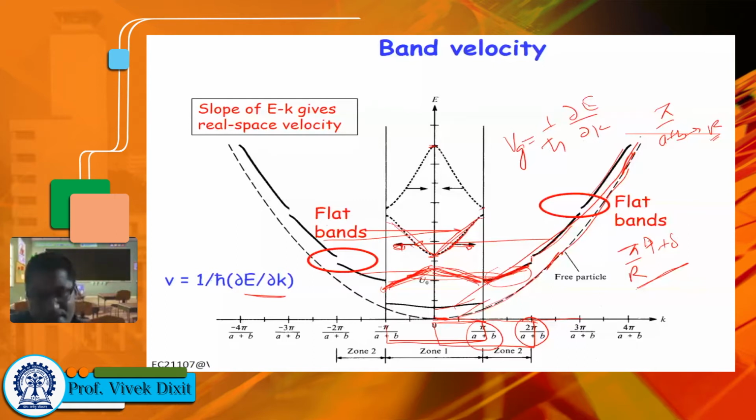Additionally, you can see atoms in the crystal are at discrete positions, so potentials are at discrete points. A particular wave vector and that wave vector plus an integer multiple of 2 pi by r actually see the same potential. It's like sampling.